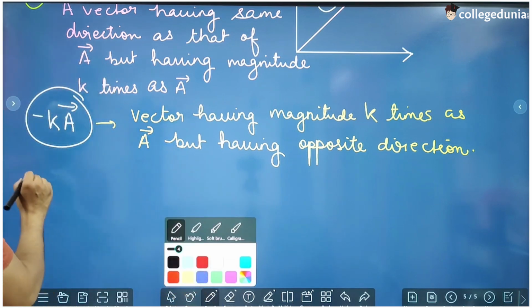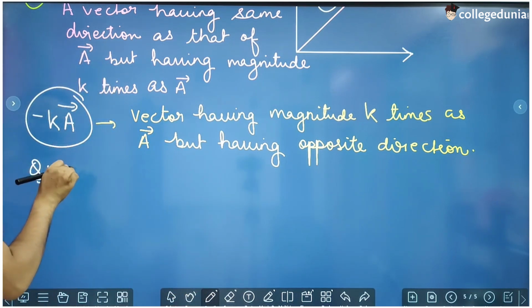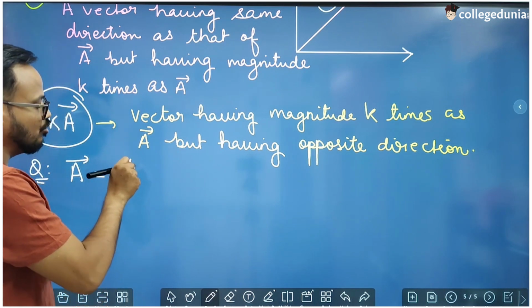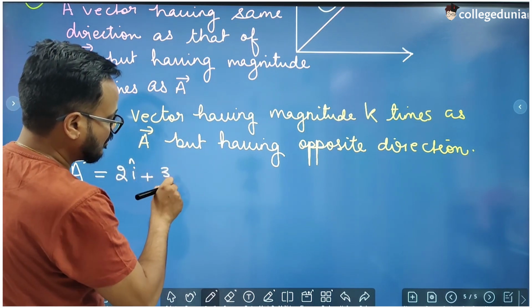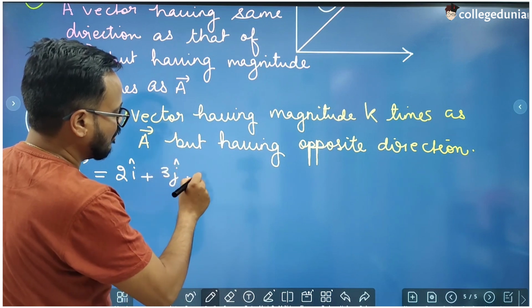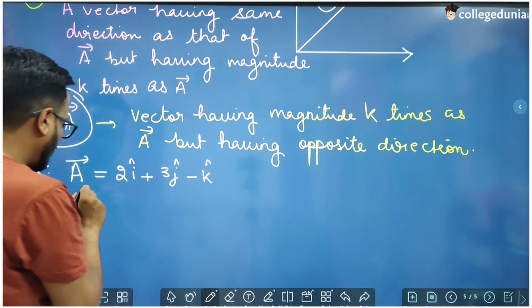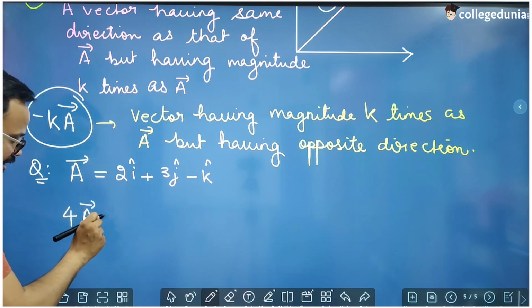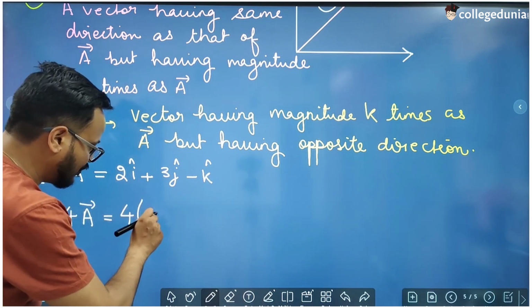So how are we going to multiply a vector with a scalar? Suppose you have a vector A and this vector is, suppose, 2i cap plus 3j cap minus k cap, and you are multiplying it with 4. So 4A is 4 times this vector.